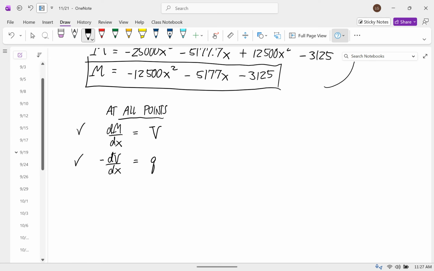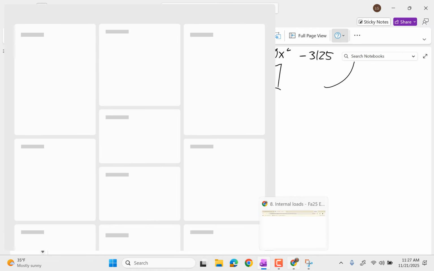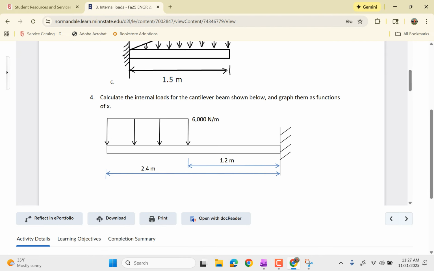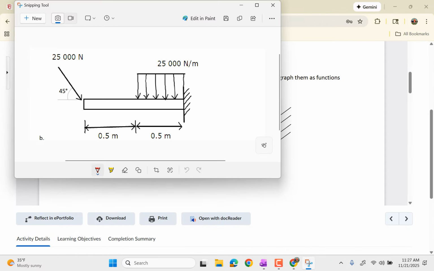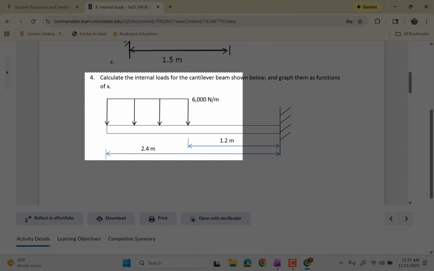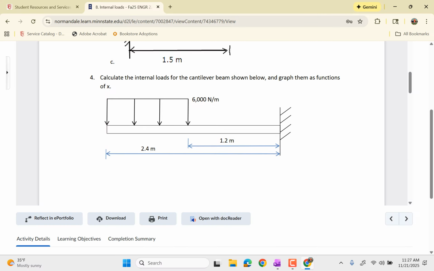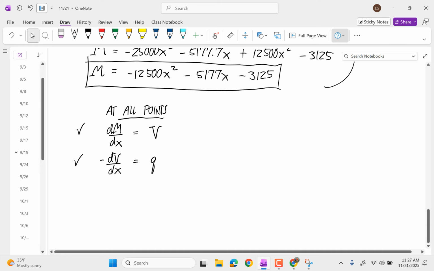Okay, let's forget about triangular distributed loads for one more class, and we'll just do the other one. So now we're going to 4. And I'm going to change one thing here.